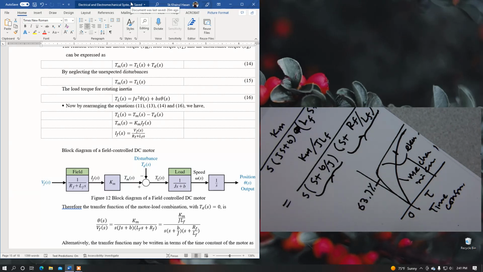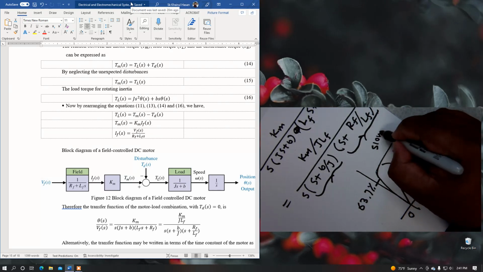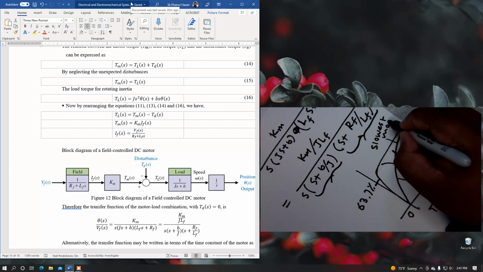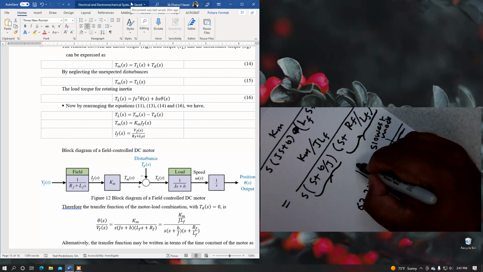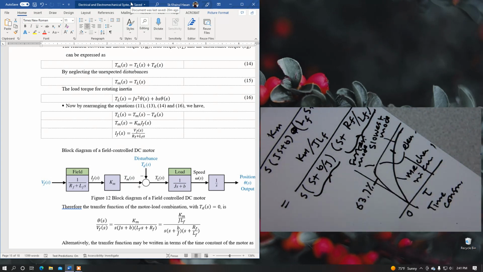The mechanical is called the slowest mode, and the electrical is called the fastest mode.